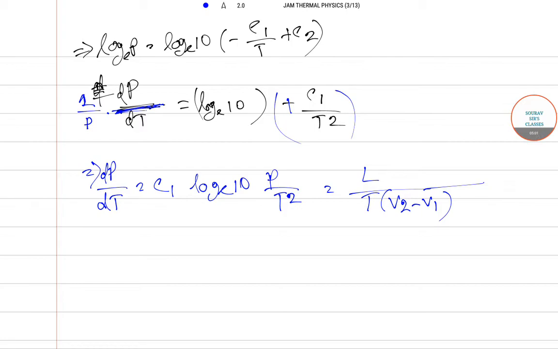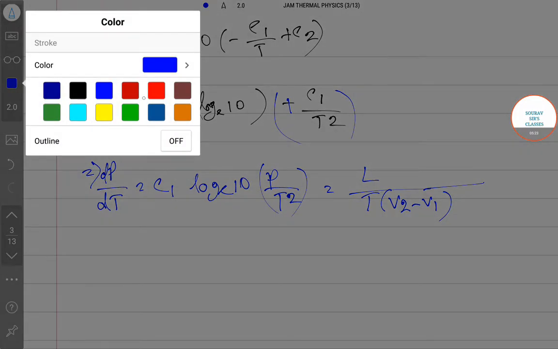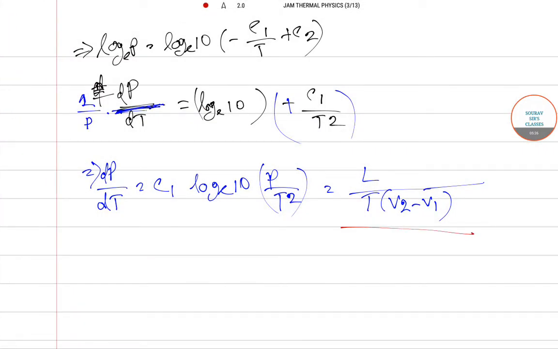So we take the derivative of P with respect to T. We calculate dP/dT is equal to C1 log e to the base 10 into P by T square, and this equals L by T into (V2 minus V1) from the question. Here V1 is negligibly small, so V1 is nearly equal to 0.